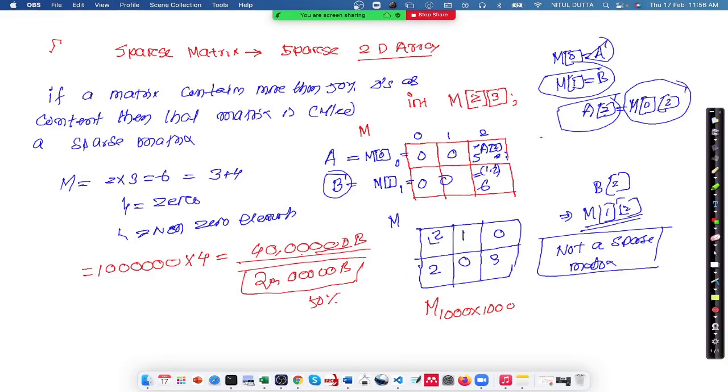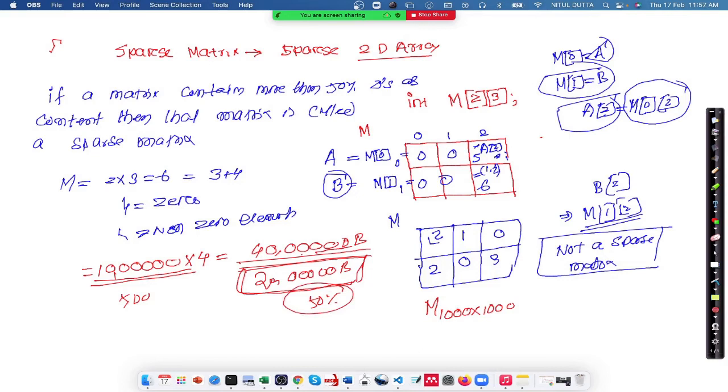That is why we need to do something different, so that instead of storing all the 10 lakh elements, because out of 10 lakh, 5 lakh are zeros, we will store only 5 lakh of data. If so, then at least 50% of the space will be saved.